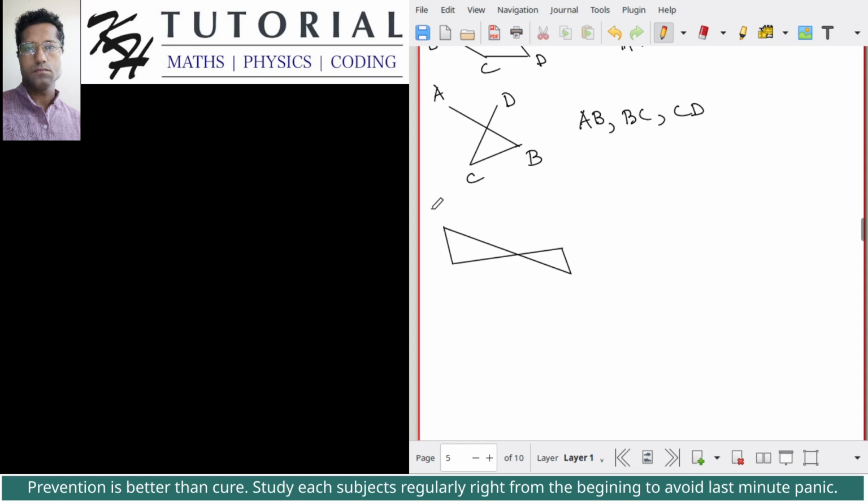So we have the line segments AB, BC, CD and AD. This is a rectilinear figure where the line segments forming it are AB, BC, CD and AD. So AB, BC, CD and AD are the 4 sides of this rectilinear figure.